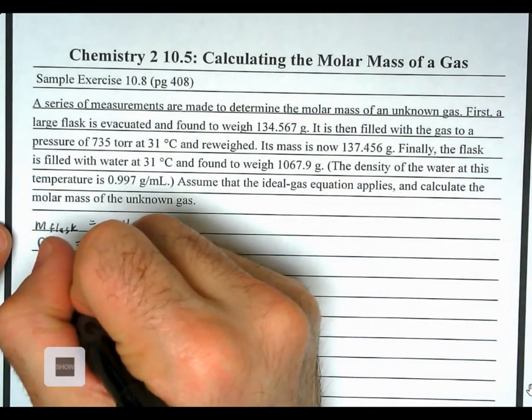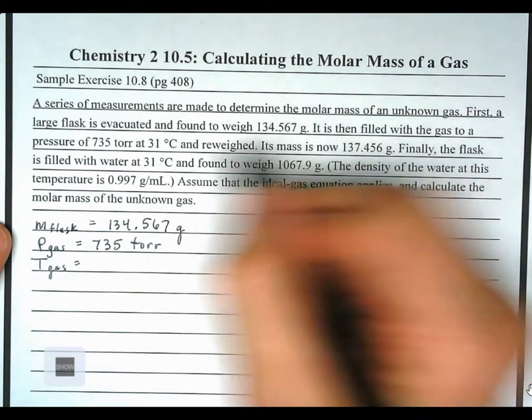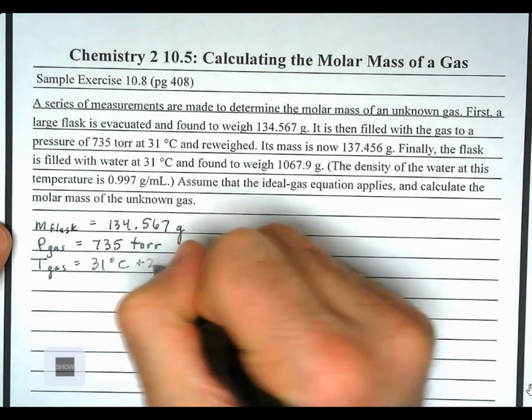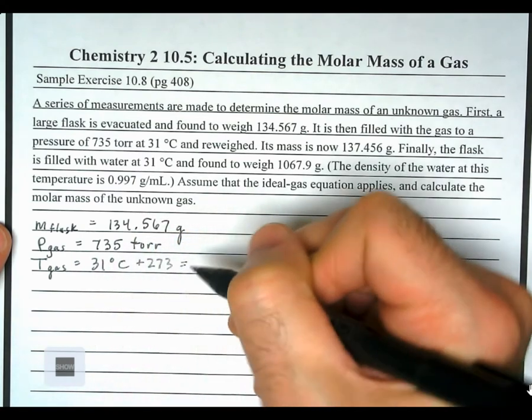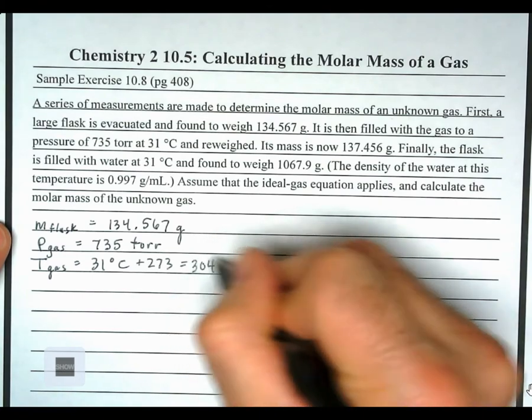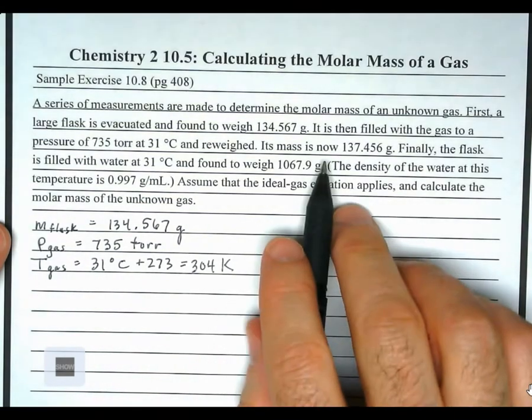And the temperature is 31 degrees Celsius, which with 273 gives us 304 Kelvin.